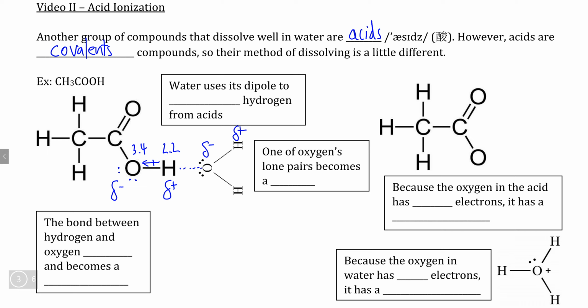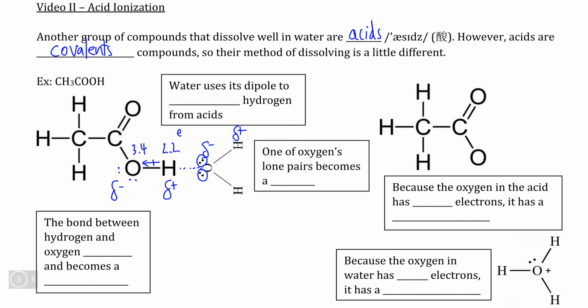However, that's not where the interaction ends. Water can actually use its dipole in order to change the structure of this acid, and we can see how by looking at water's lone pairs.